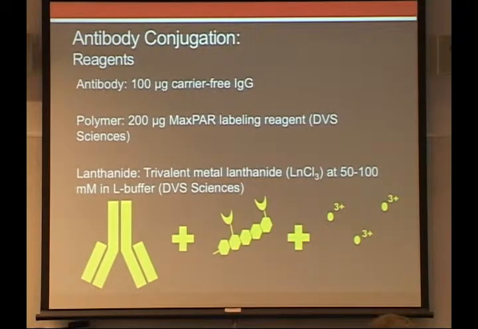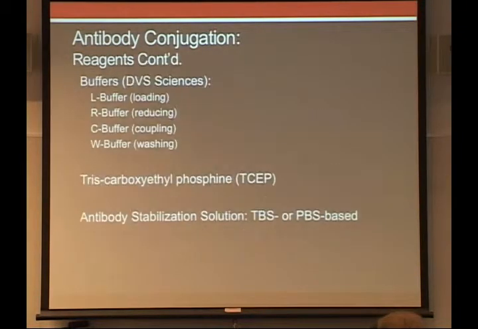And we keep that in our lab in stock solutions between 50 and 100 micromolar in L-buffer, which is the first of a 4-part series of buffers that come as a kit from DVS. They're loading buffer, reducing buffer, coupling buffer, and washing buffer. And it's important to have all of these. They're important for different parts of the antibody conjugation process to ensure the efficiency as you go throughout. So that kit you can purchase.